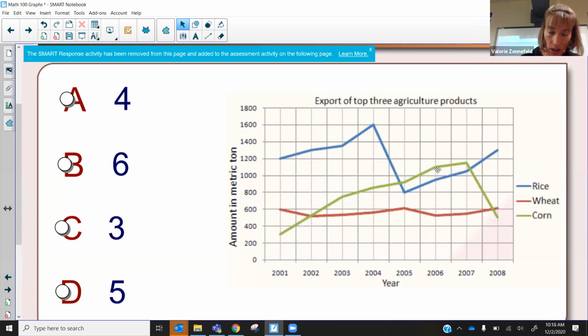Yeah, 3 years or 2 years is what we're going to want, because 2005 is the first time that the green is the highest one. And notice that there are 2 cells here, so you have your half year as well. So 2005 is the first one, and here in 2006, green is still higher, and then here in 2007, green is still higher. So 2 years difference there.